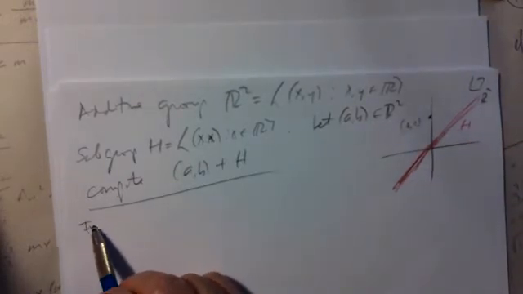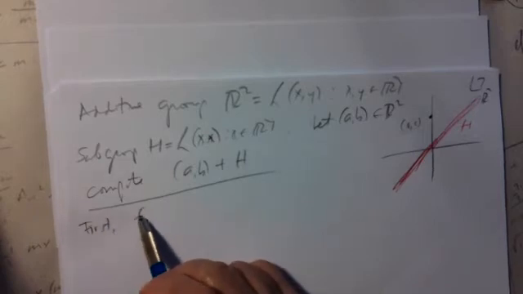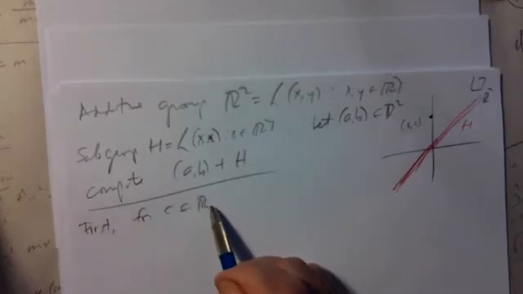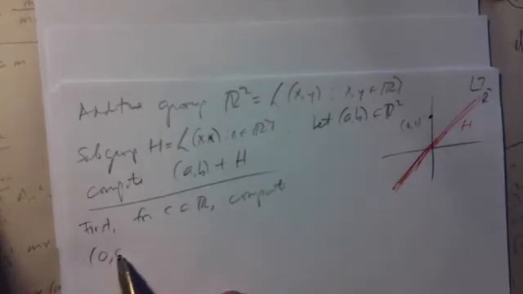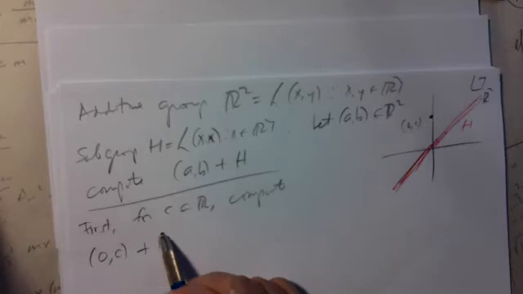So first, for any real number c, I want to compute the left coset (0, c) plus H.